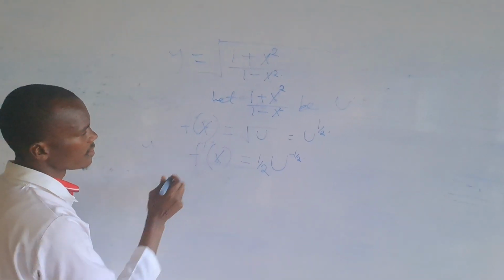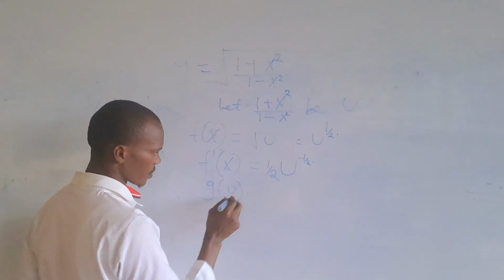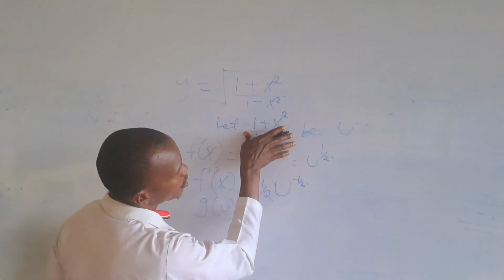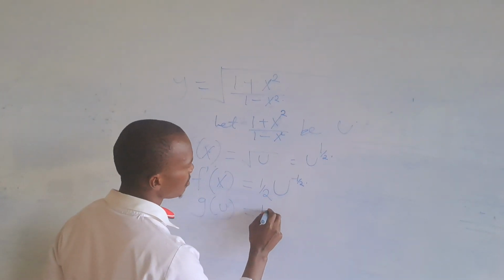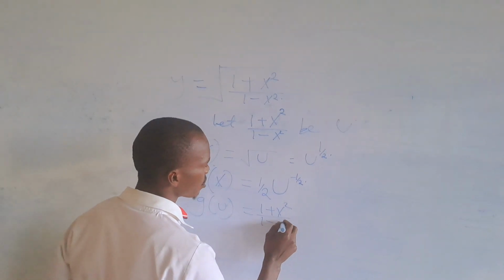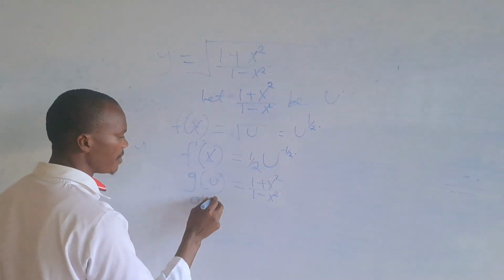So we have gotten the derivative of that. Then now we come to g of u. g of u is just this u that we are taking to be 1 plus x squared over 1 minus x squared.